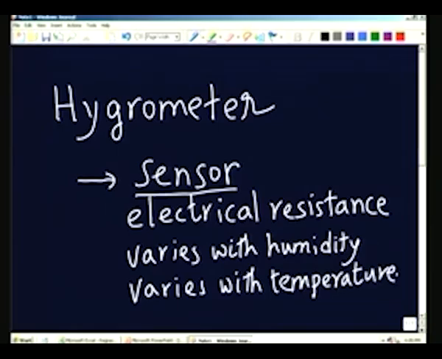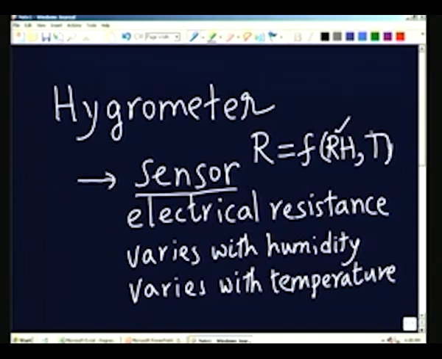That means, if I say R is the resistance of the element, this is a function of humidity, which we can indicate as the relative humidity RH, and temperature. So, the sensor responds to two quantities at the same time. It is a very typical example I am just trying to take.